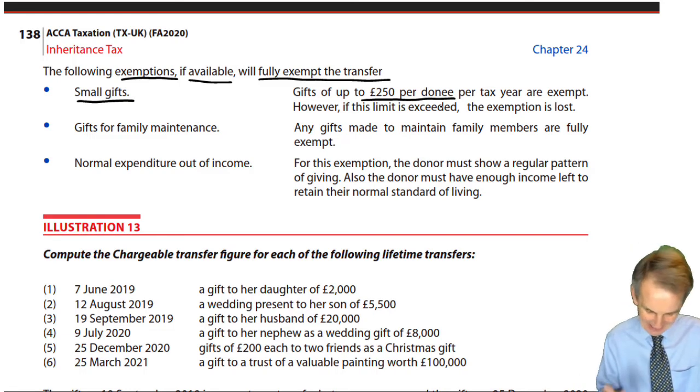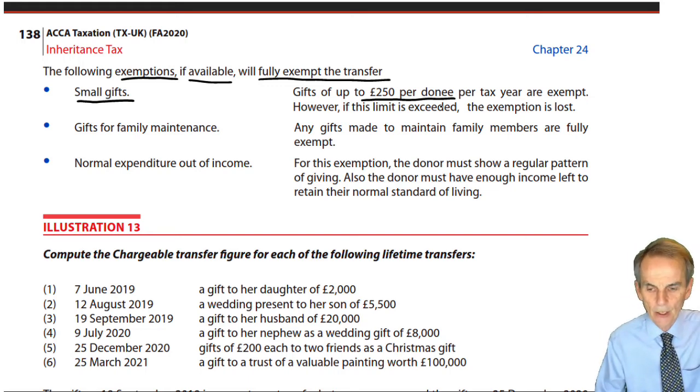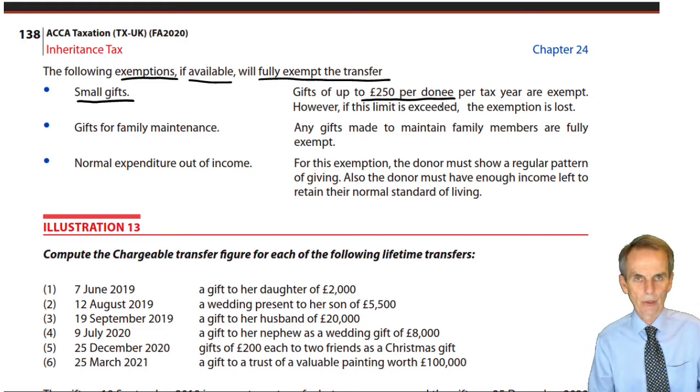But this is an absolute exemption. We do not deduct £250 from a £300 gift.